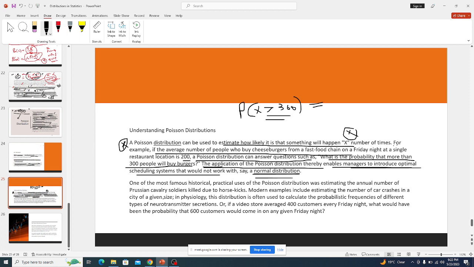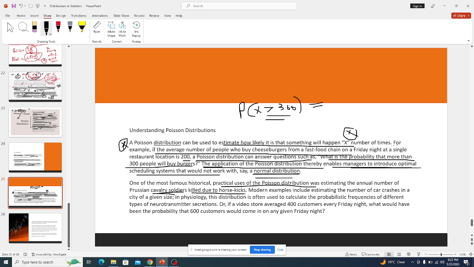So one of the most historical practical uses of Poisson distribution is estimating the number of cavalry soldiers killed due to horse kicks. It's funny, but it is a good example.